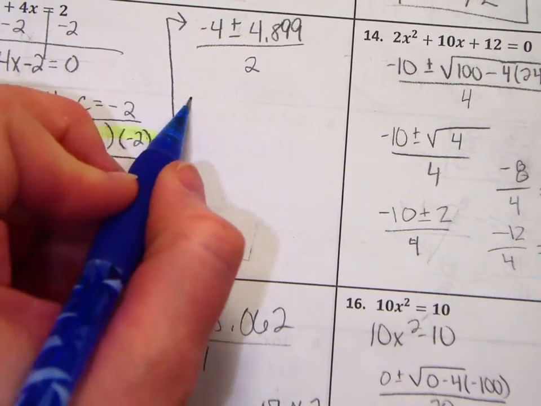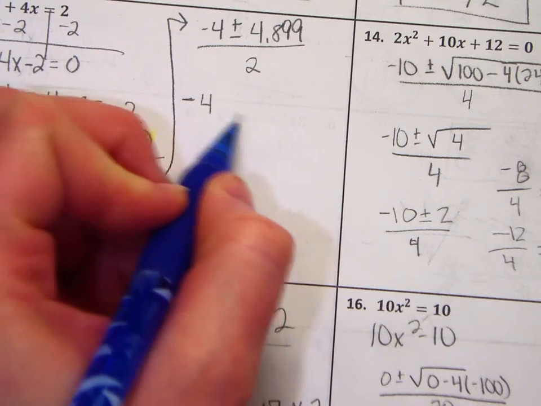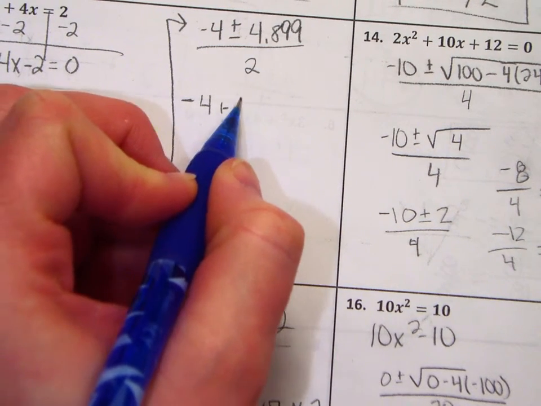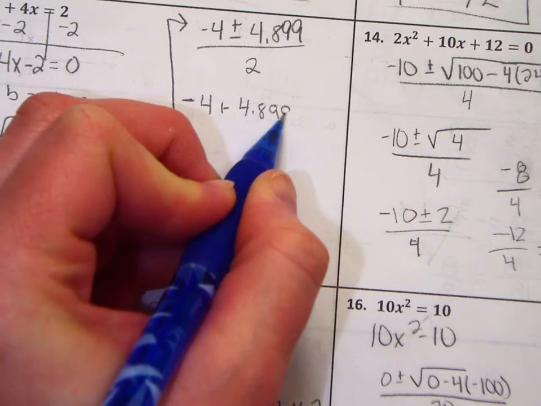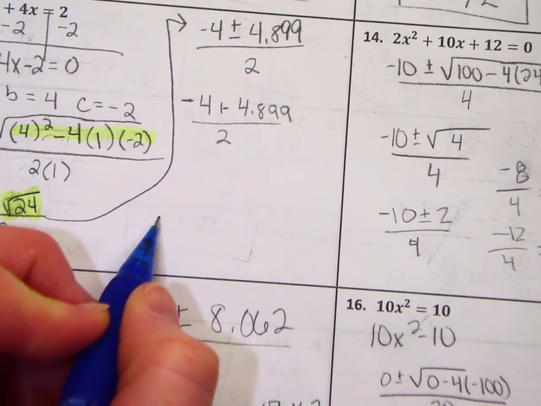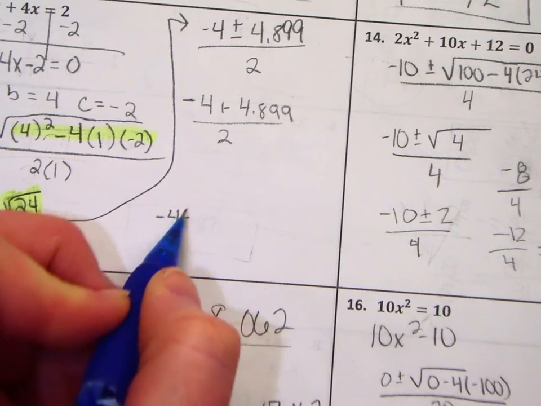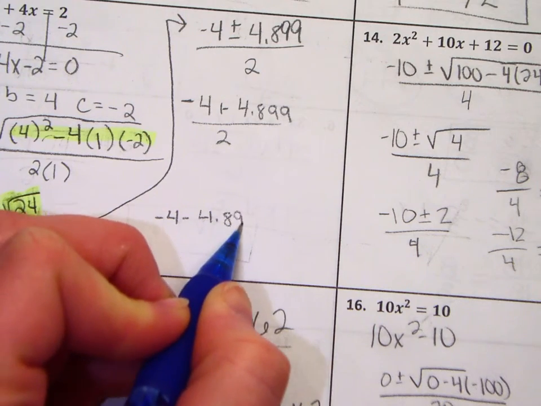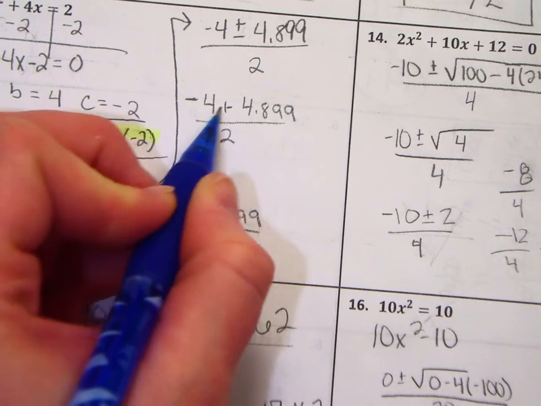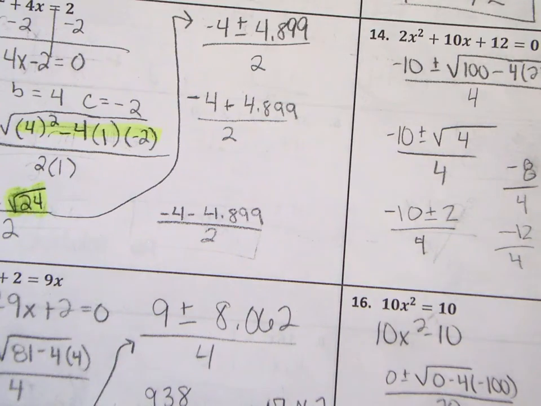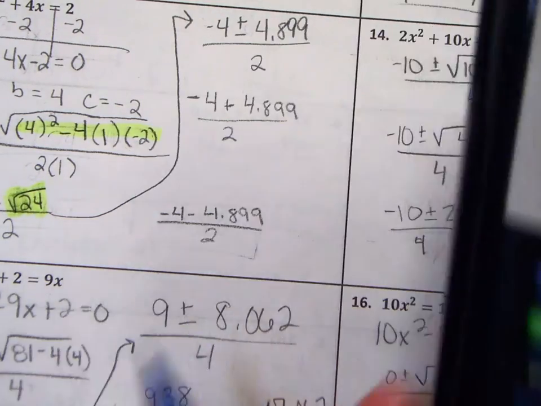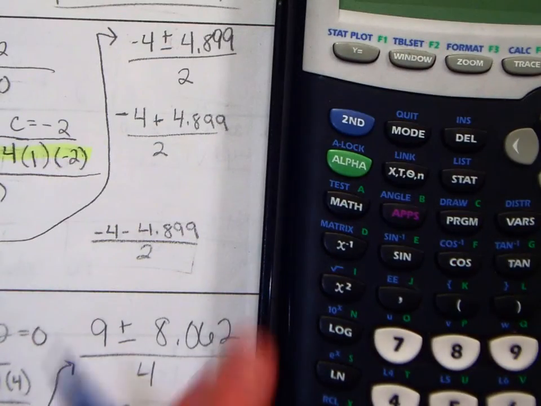So we'll do negative 4. Here's where that plus and that minus was coming in. We have to do negative 4 plus 4.899 divided by 2. And space it out down here, negative 4 minus 4.899 over 2. Grab your calculator again. Add the numerators. And there's nothing wrong with using a calculator if they need it.